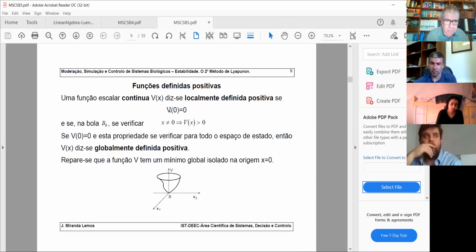If at the origin of the state space your function is 0, and it is positive outside 0, then you say it's a positive definite function. For a state in 2 dimensions, it's something like this. You can drink water from it. That's the notion of a positive definite function.